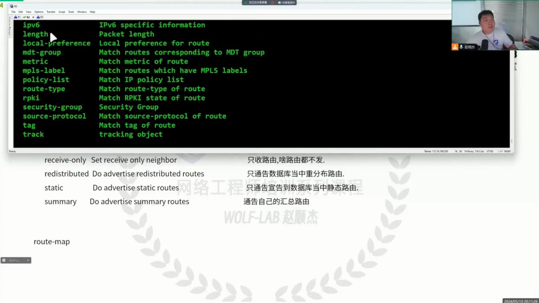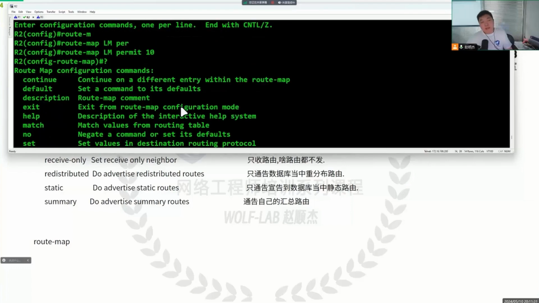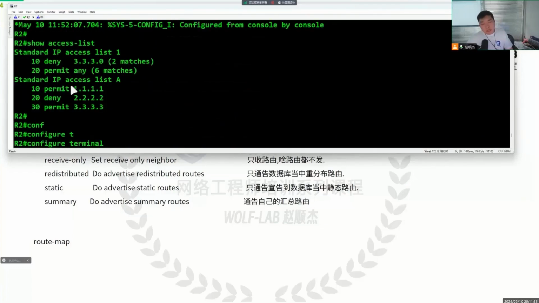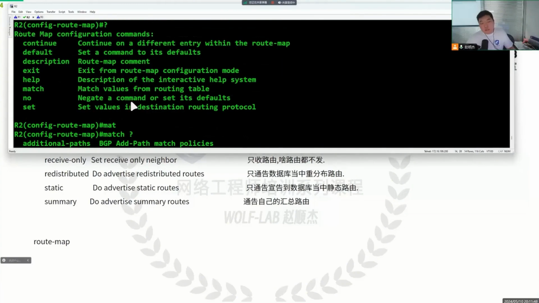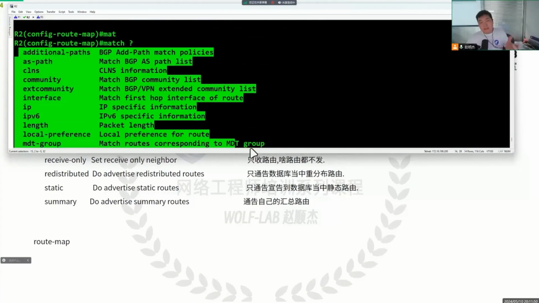We match the source IP address at the network layer, matching against the data network, or matching the prefix and mask of the routing entries. This is the main function of our access control list. And our route map allows us to match a lot more content. All these things can be matched, and of course, we can set many things, such as settings for matched content.